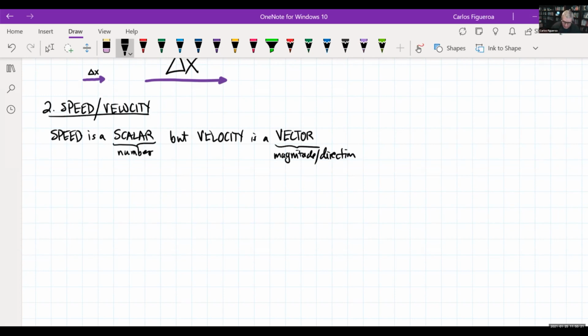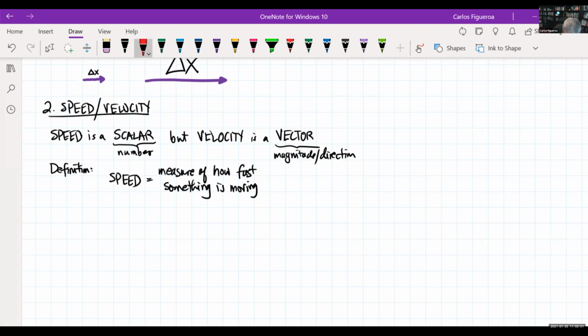So here we go. A very simple definition of speed is that speed is the measure of how fast something is moving, right?